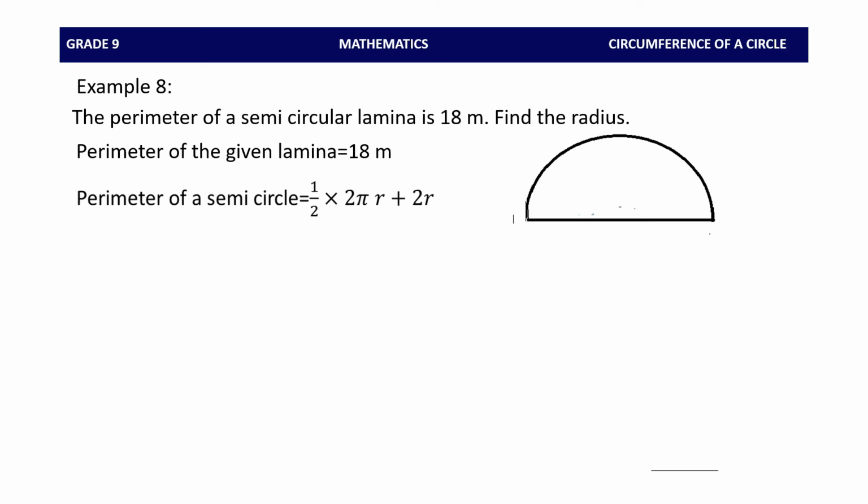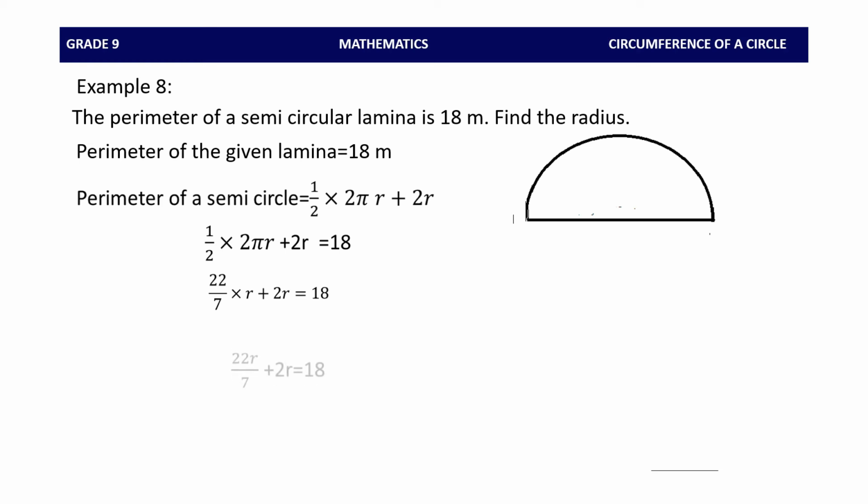Now you can make the two equal. Half of 2πr plus 2r is equal to 18. Simplify 2 with 2, you get 22 over 7 multiplied by r plus 2r equal to 18.